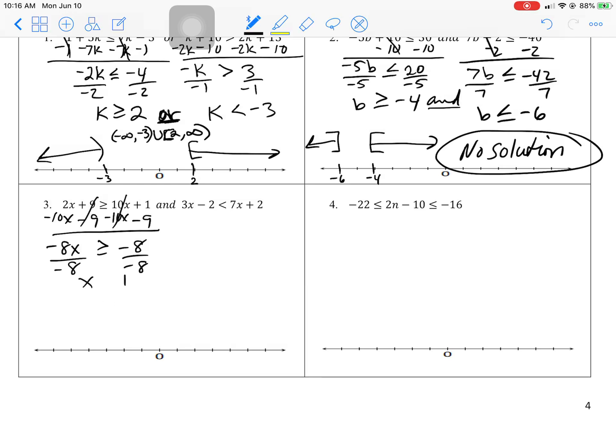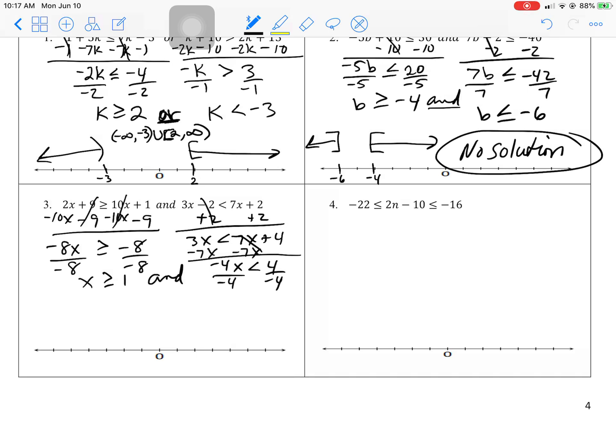I'm just going to have to go back and keep checking that because you guys aren't there to yell at me to remind me to do that. Negative 4x less than 4. Divide by a negative, x is greater than negative 1.